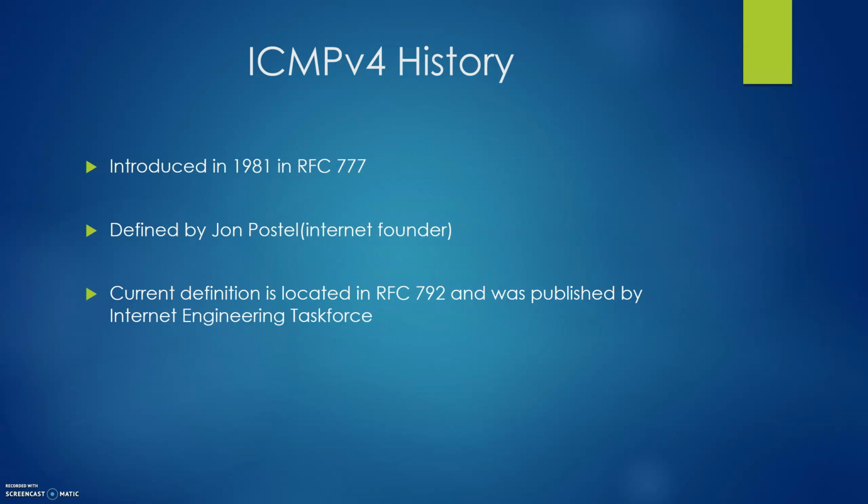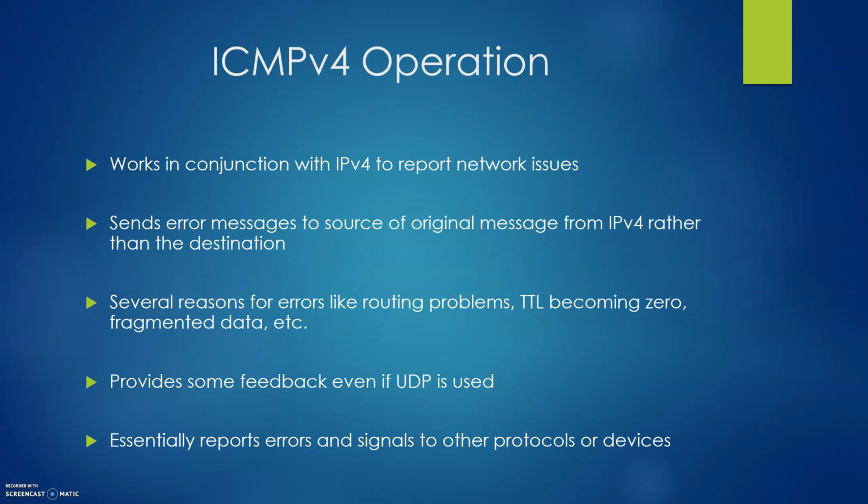So the operation of ICMPv4: it works in conjunction with IP version 4 to report network issues. Like if an error happens, it'll send an error message. It sends error messages to the source of the original message from the IPv4 rather than the destination.